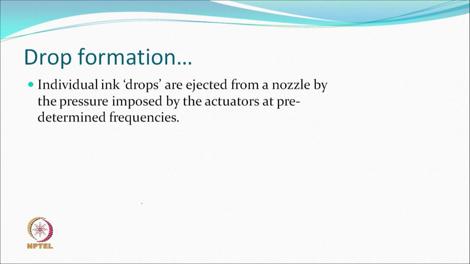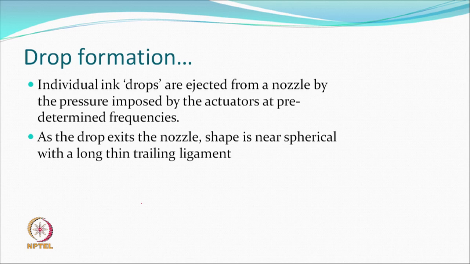As we probably already know, DOD type machines or systems require lower frequency compared to the CIJ types, and based on that frequency there are going to be pulses which eject the drops.